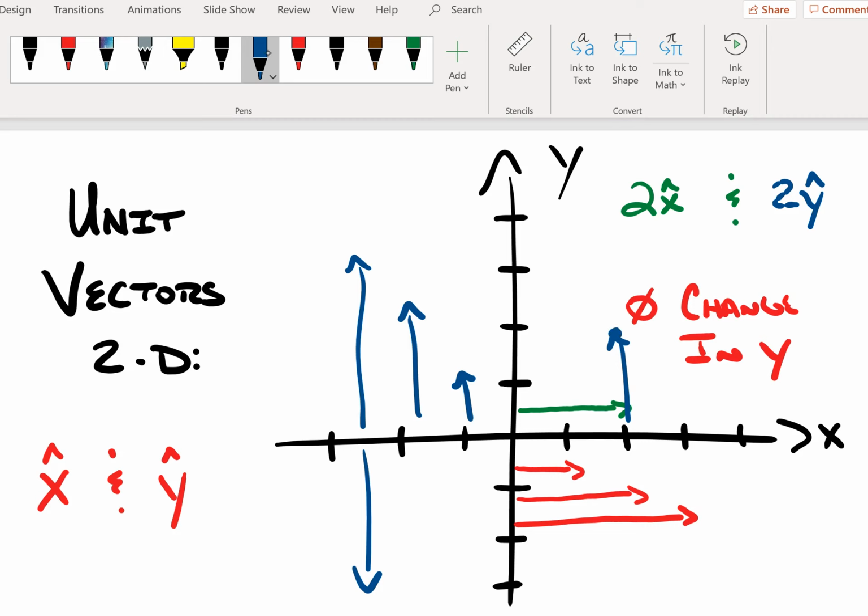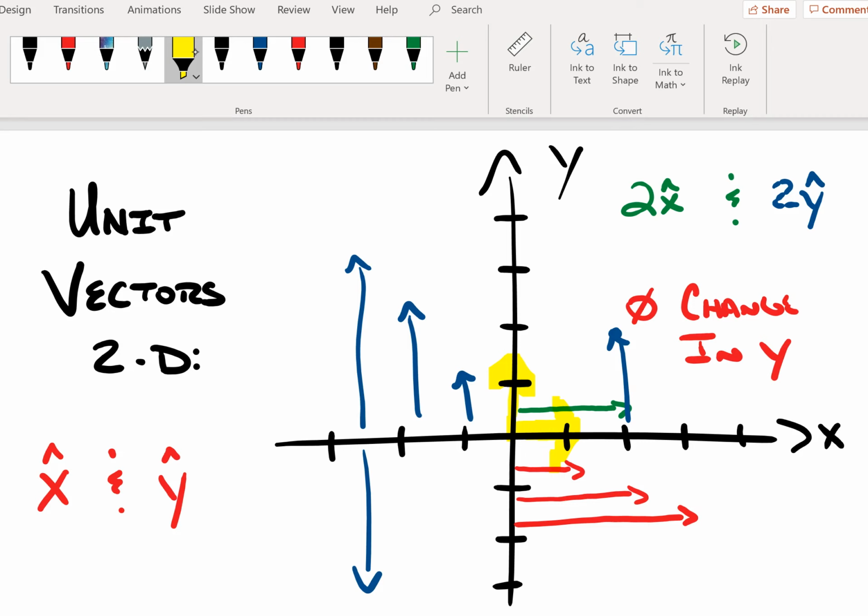Now, you'll need to pay attention to the video on vector addition to understand why we can't just combine these things together. These directions are unique. And it's important to note one thing here, and that is the unit vectors along the x-axis and the unit vectors along the y-axis are 90 degrees to each other.